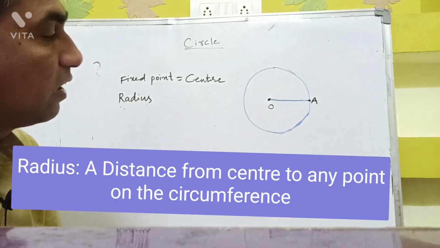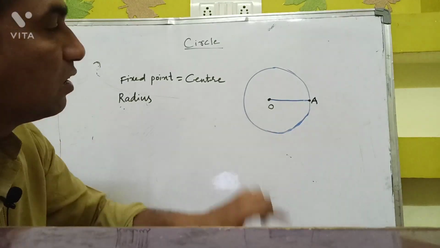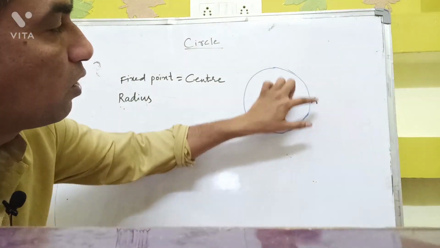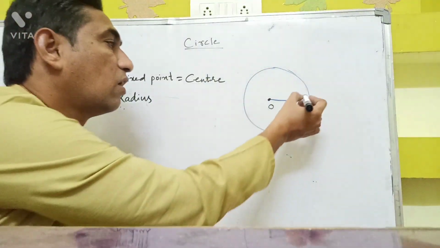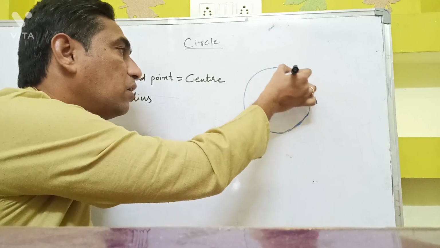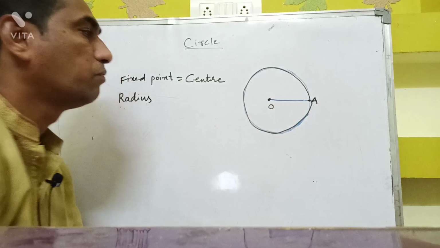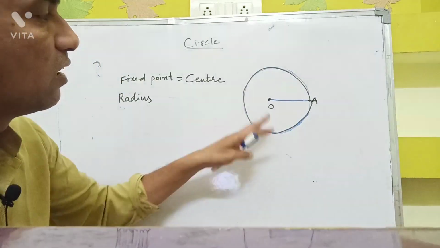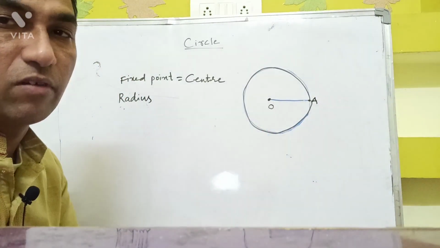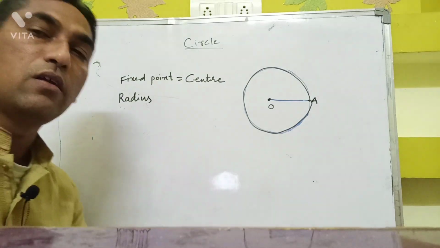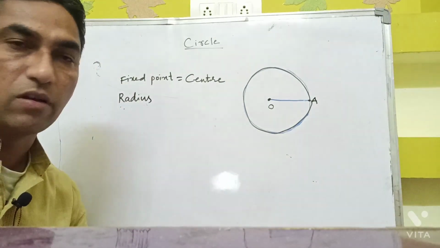Radius means a distance from the center to any point on the circle. See, a circle is nothing but a combination of points. So in a circle, all the radii are equal. Wherever you take them, the radii are equal.